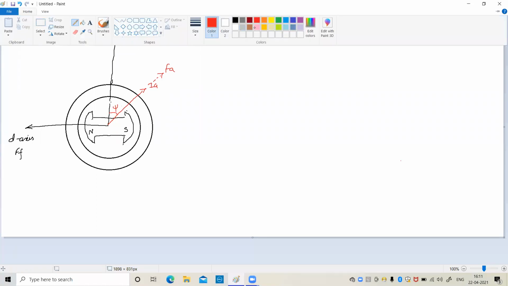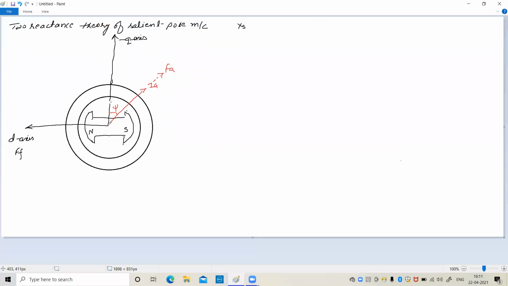So we can resolve it into two different directions. One along the direct axis, say this is the armature MMF FAD along the direct axis, and one along the quadrature axis. This is FAQ, and the total of these two is nothing but the total armature reaction MMF FA.